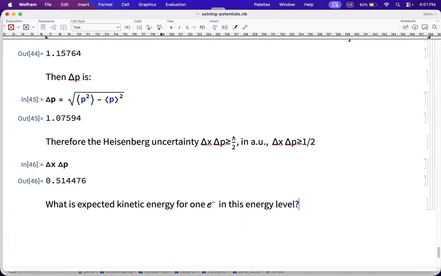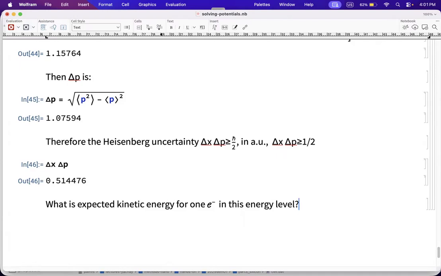So what will be the expected kinetic energy, please? It will be the integral from minus infinity to infinity of psi conjugate, multiplied by minus 1 over 2 times the second derivative with respect to x, times psi dx. That's it, the kinetic energy.